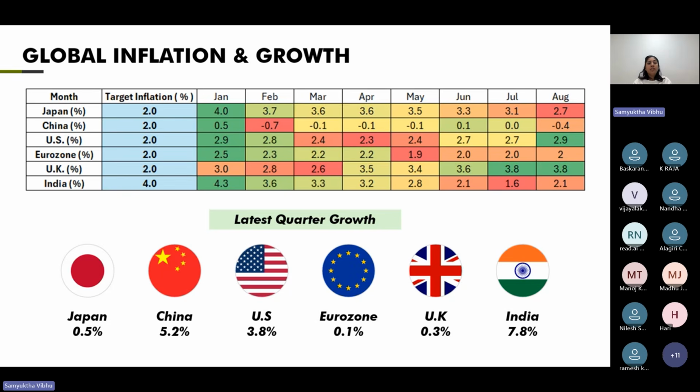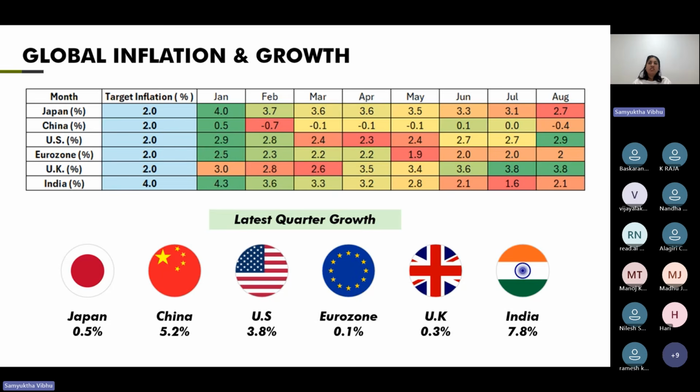But if we start looking at other economies, with the exception of China, every other major Western economy, whether you're looking at the Eurozone, the UK, or the US, inflation has actually been well above that target of 2%.